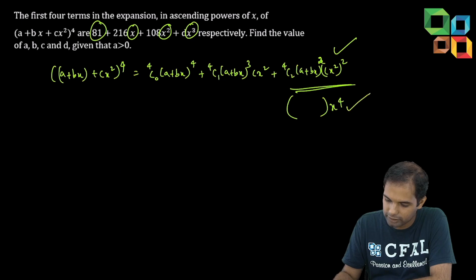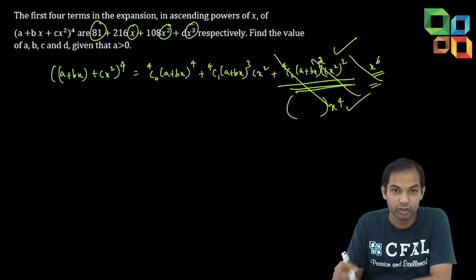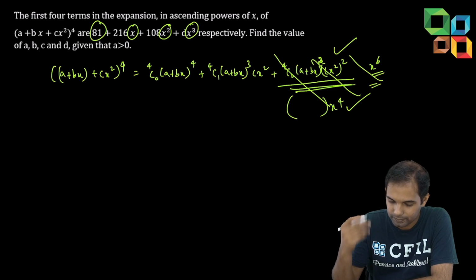All the terms here have x power 4 or higher terms. So the next term would be x power 6 and higher. Similarly, it will increase. So from here, you can skip the terms. Even though it's very lengthy, you don't really need to write all the terms. You have to be smart about it.